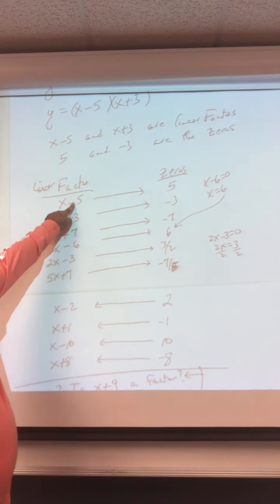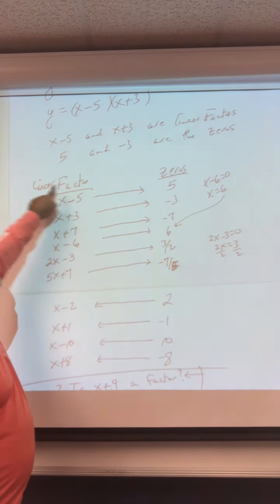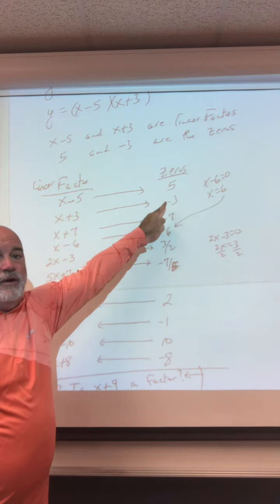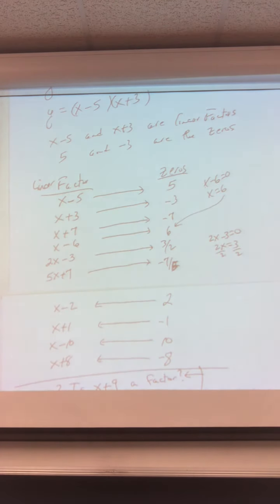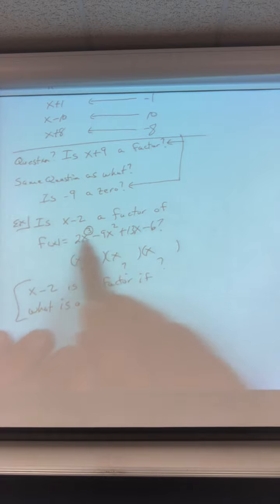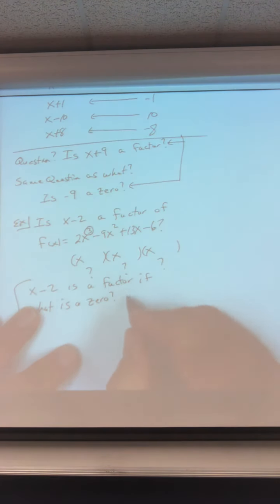If x minus 5 is a linear factor, what's one of the zeros? 5. If x plus 3 is a linear factor, what is one of the zeros? Negative 3. So, let's answer this question. X minus 2 is one of the factors of this if what number is a 0? Positive 2.